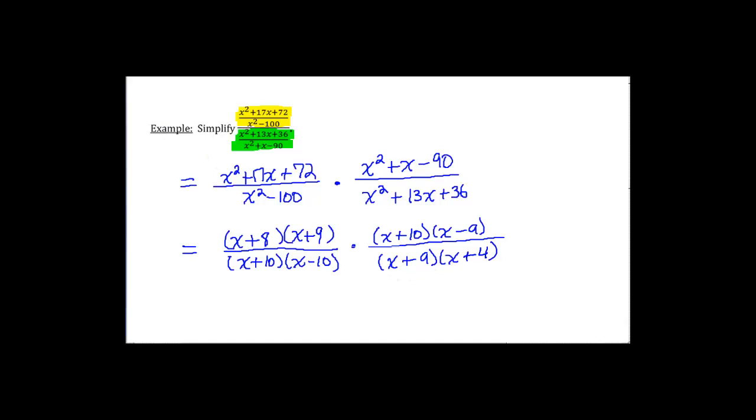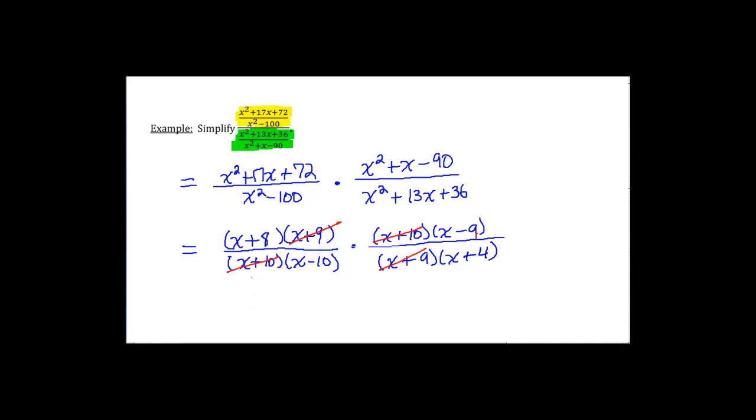Now we have to check ourselves to make sure that we did this correctly, because with that many factoring parts, it's very easy to mess up. All right, I think we've got it, and now that we have it, we can cancel our common factors. By the way, that's a 9. But this is x plus 9 here and an x plus 9 here. Other than that, I don't see anything besides the x plus 10s that can cancel.